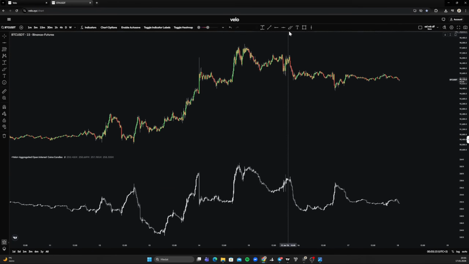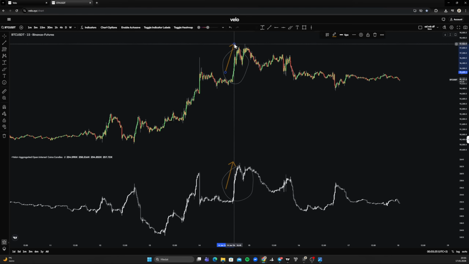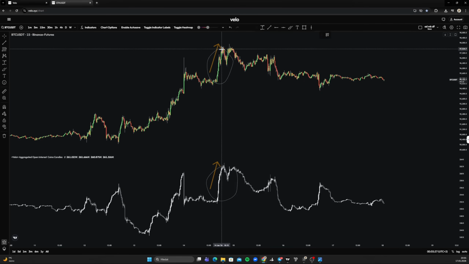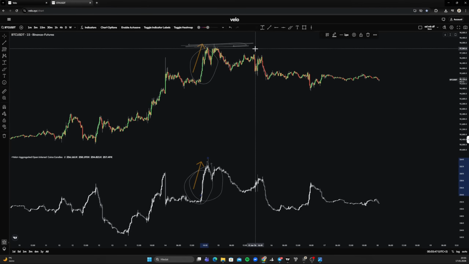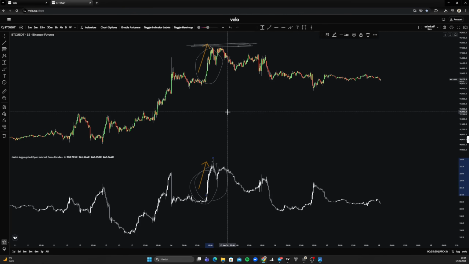You can see in this example in Bitcoin, when price reaches some resistance level and open interest aggressively piles higher, the price does not continue higher. Usually the late longs are chasing the price, and it's really often a fade situation. It's good to look for shorts. Usually the market is overheated, but it depends on many cases.